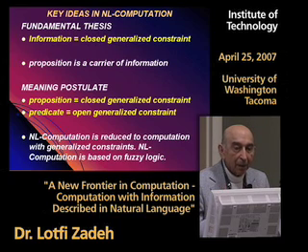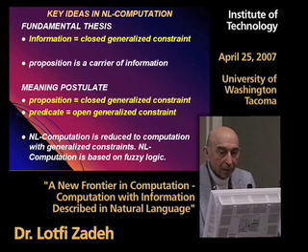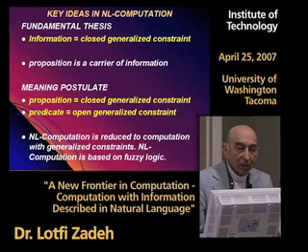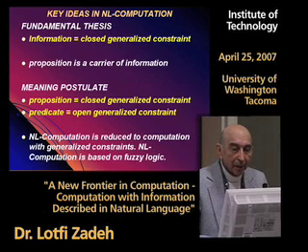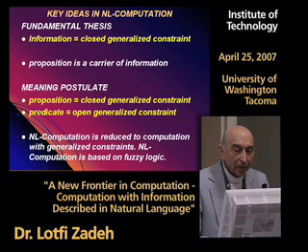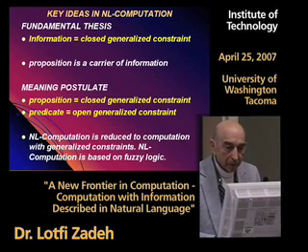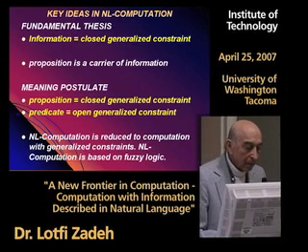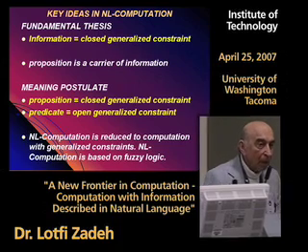That definition is a special case of the definition that I use here. Now, a proposition is a carrier of information. So it follows then that the meaning of a proposition is a generalized constraint. And so the concept of generalized constraint is the centerpiece of NL computation.